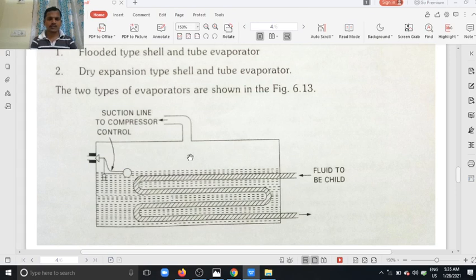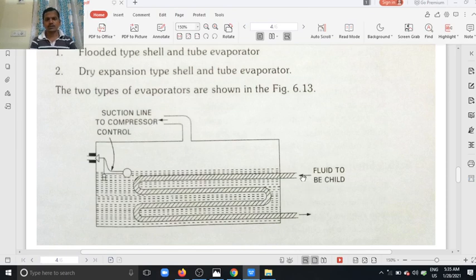This vapor refrigerant is collected at the top, where this area is provided for the vapor, and it goes to the suction of the compressor.